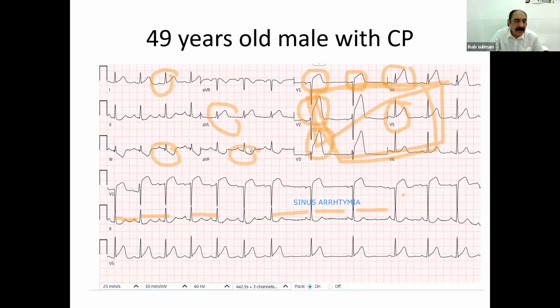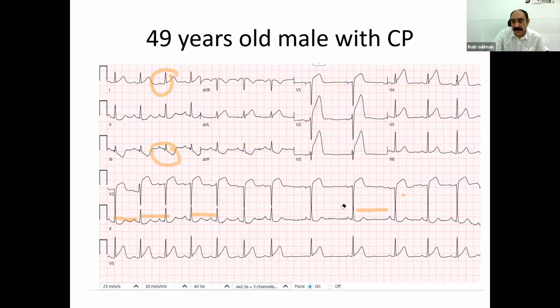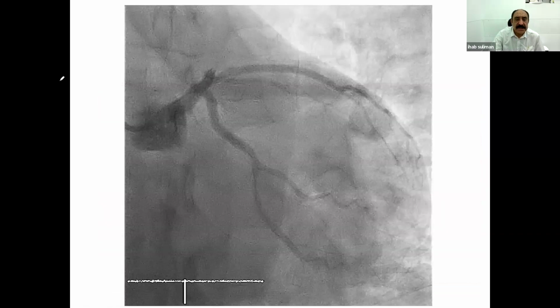So this patient must be having an LAD occlusion, which is responsible for all these ECG changes. The sinus arrhythmia is a normal physiology. And in this particular patient, the LAD was occluded from its proximity, and that is why V1 was involved with ST segment elevation.